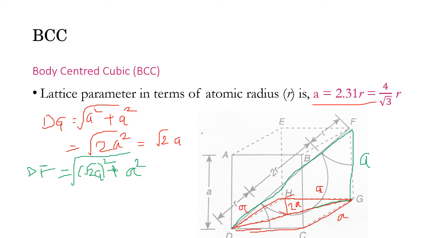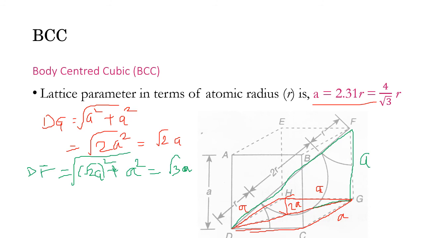So this comes out to be root 2a squared gives us 2a squared plus a squared, 3a squared, and hence root 3 a. And DF can be represented in terms of the radius.